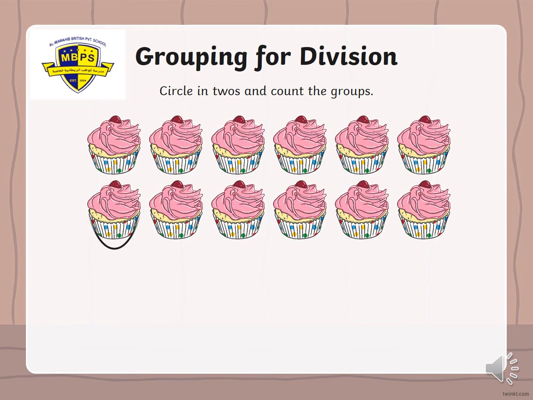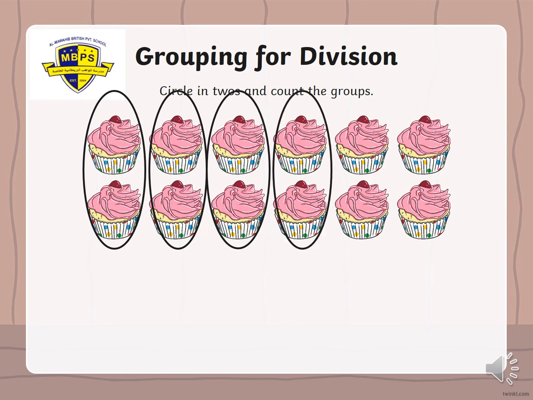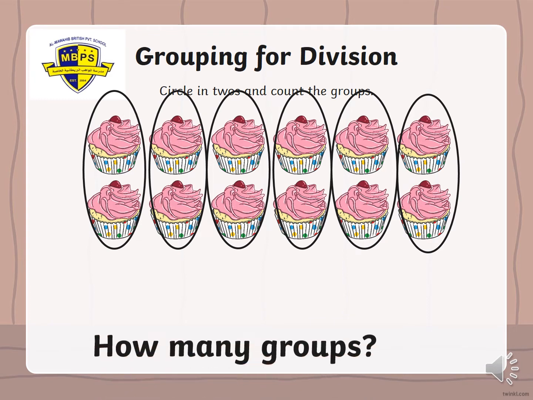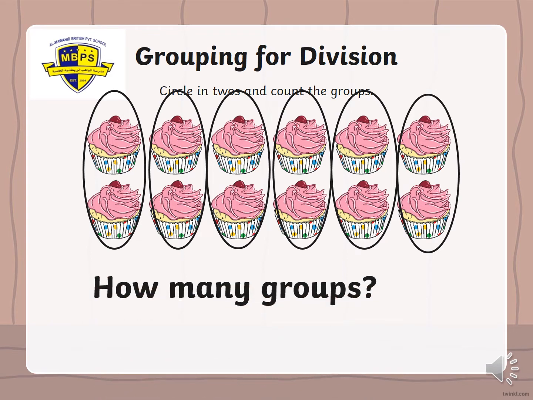So now I will start to put each 2 cupcakes in one group or in one circle. Now I finished grouping the cupcakes. How many groups? Very good. I have 6 groups, and in each group I have 2 cupcakes.